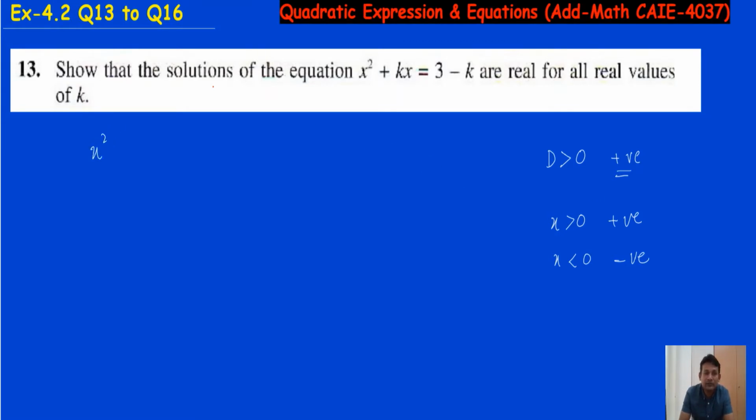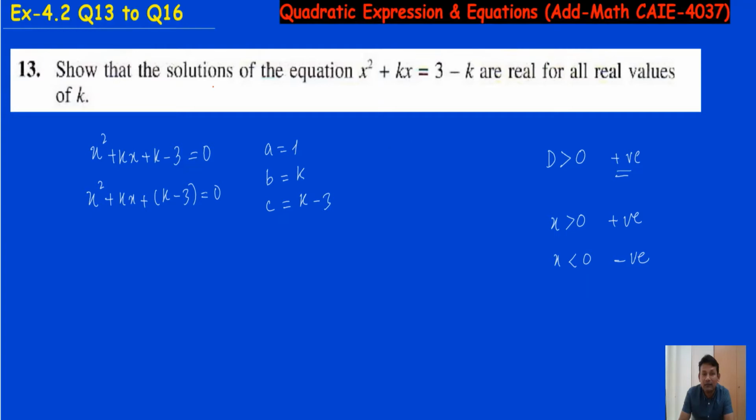x squared plus kx, and when I move 3 minus k to the left-hand side, it becomes plus k minus 3 equals 0. This is the first way we write the equation in quadratic form. You can also write it as x squared plus kx plus k minus 3, where the value of a is 1, b is k, and c is k minus 3.